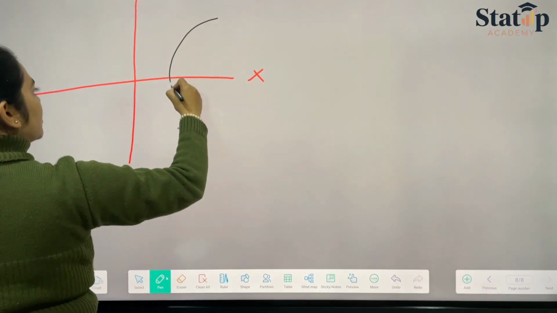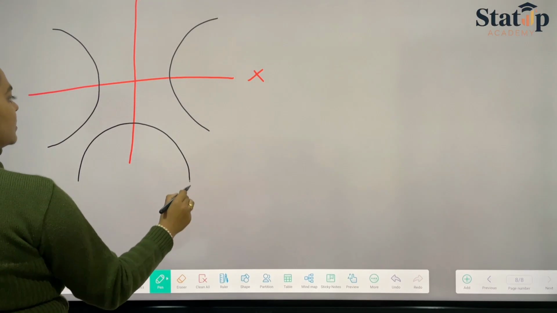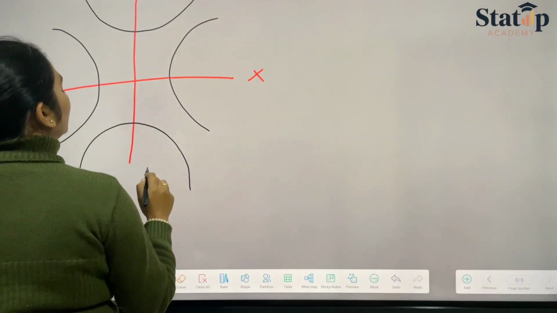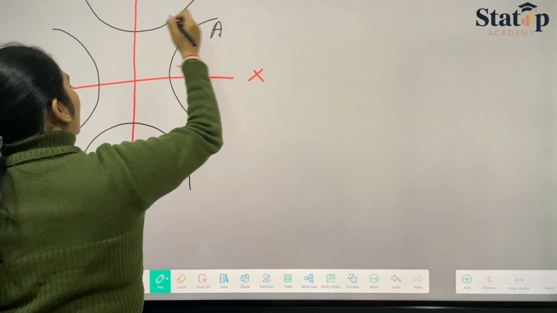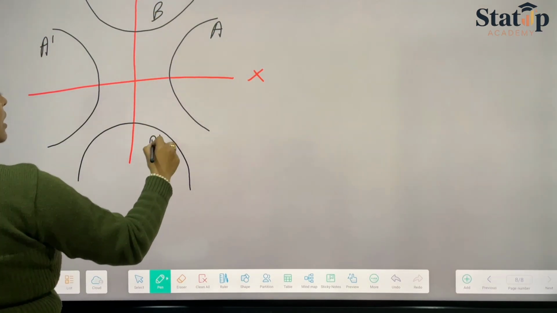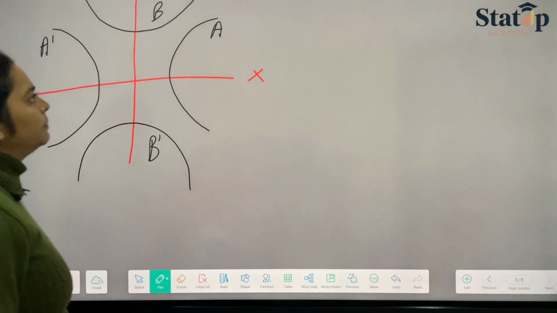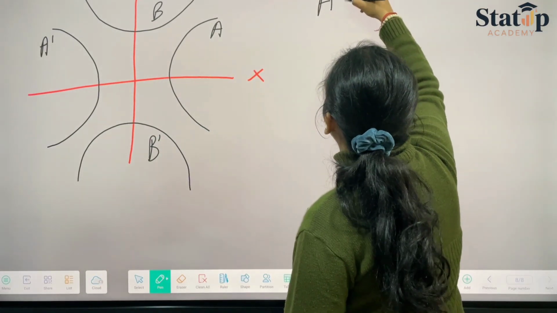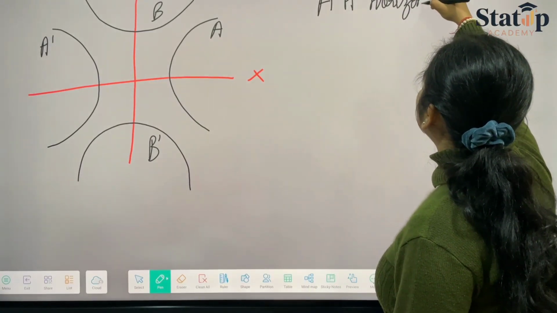So these two and these two, all these four are known as hyperbola. Suppose this is A and A dash, and this is B and B dash. A and A dash is known as the horizontal hyperbola.